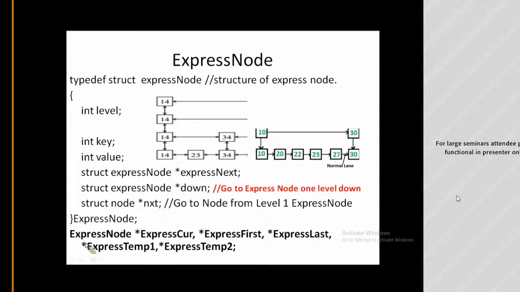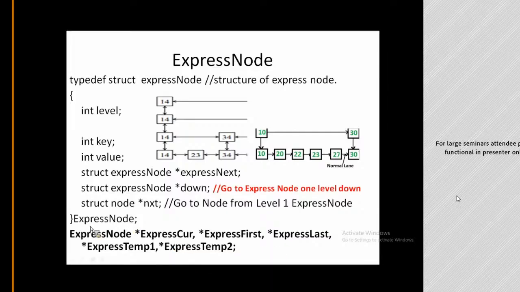So what I've done here is express node. I've declared some pointers which are in the global area. These variables are in the global area, like when we were doing linked lists in unit one: temp1, temp2, cur, first, last.